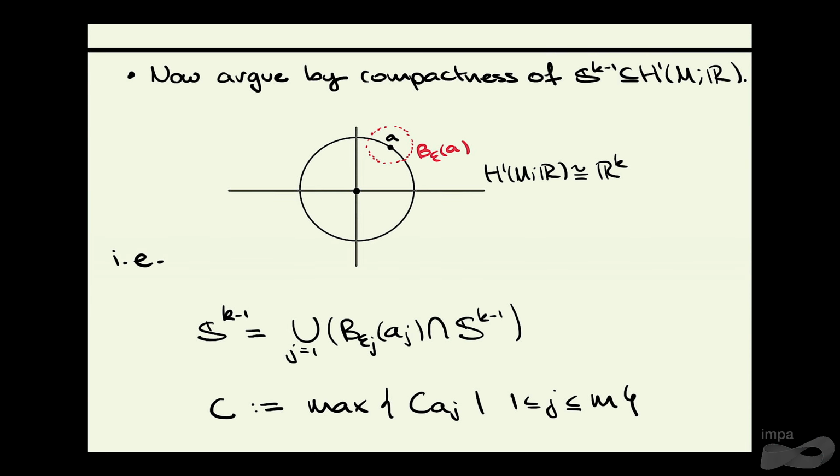We take a cover, extract a finite subcover, and maximize over the A's. And now what we get is that every class in this sphere can be represented by a closed one form with at most one zero, and with C1 norm bounded by C. And then you just scale, and you get the lemma.